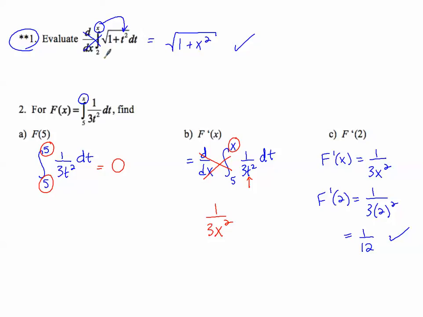Like in number 1, if we were to do this the way of applying the fundamental theorem of calculus part 1 and the chain rule, this would say, okay, cancels out, I'm left with square root of 1 plus x squared times the derivative of what I plugged in, 1, minus square root of, now I plug 2 in, 1 plus 2 squared times the derivative of what I plugged in, which is 0.